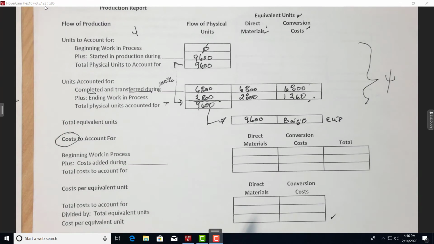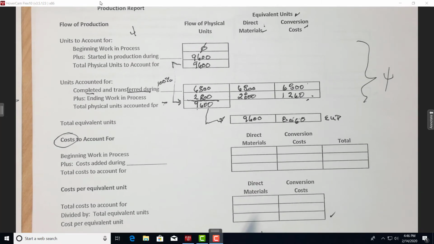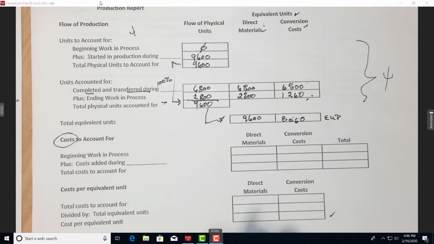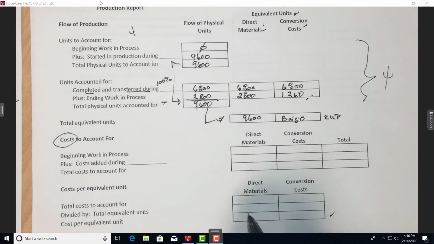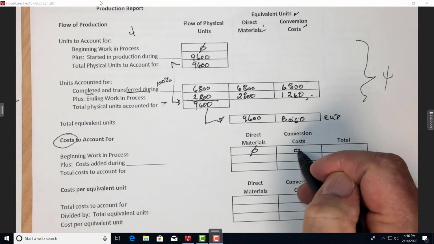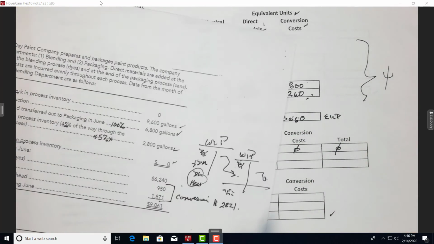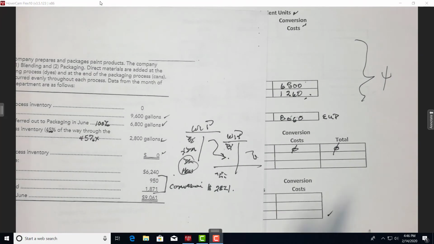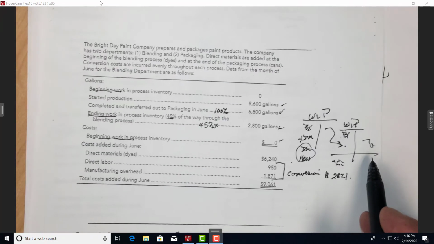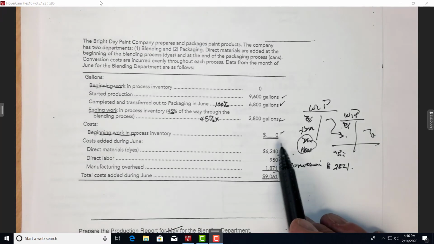So again, we look at the cost, and it says that the beginning work in process is 0. So if the work in process is 0, there's no cost there.